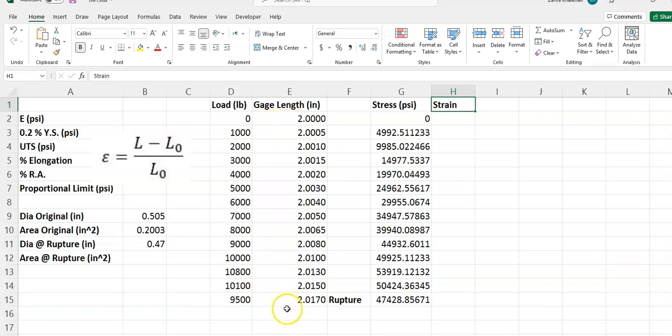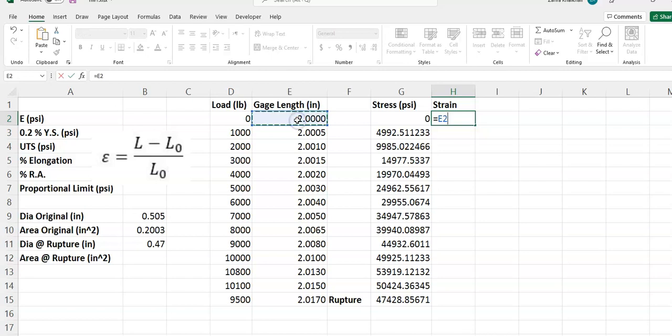So for each of these gauge length, I need to subtract 2 from this gauge length and then divide the result by 2. So here I'm going to add the equation for strain. So gauge length. So let's open a parenthesis first. Gauge length minus 2 inches, close the parenthesis, divided by 2.